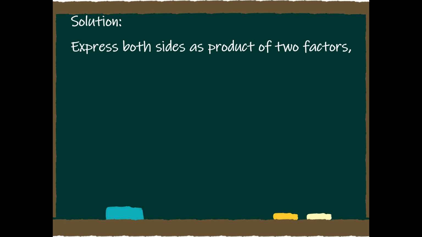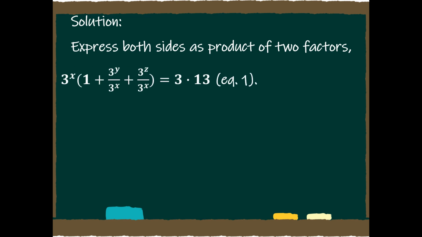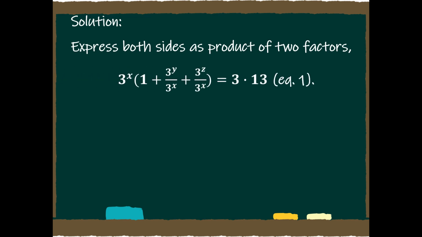Our first step, or our first trick, is to express both sides of the equation in binary forms. At the left, we have a quantity of three terms, but in the quantity we cannot see 3 raised to x.